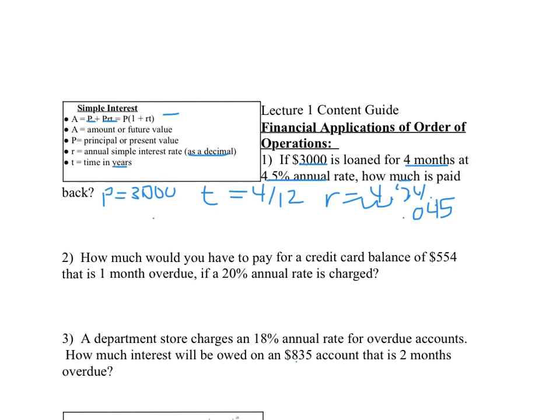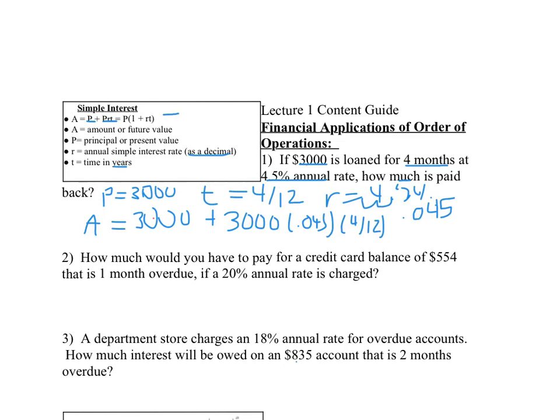We were looking for how much is paid back, so we're going to be looking for A. So A equals 3,000 plus 3,000 times R, which is 0.045, times T, which is 4 over 12.